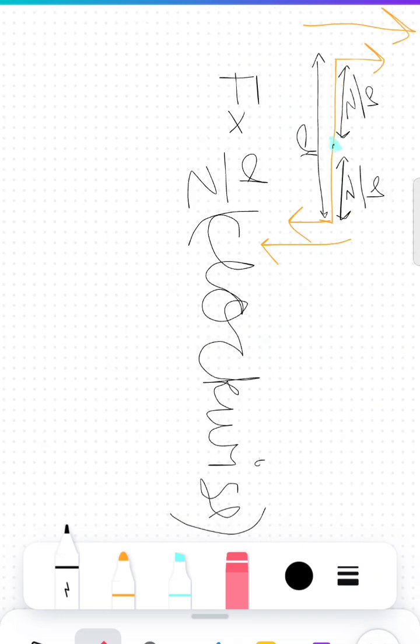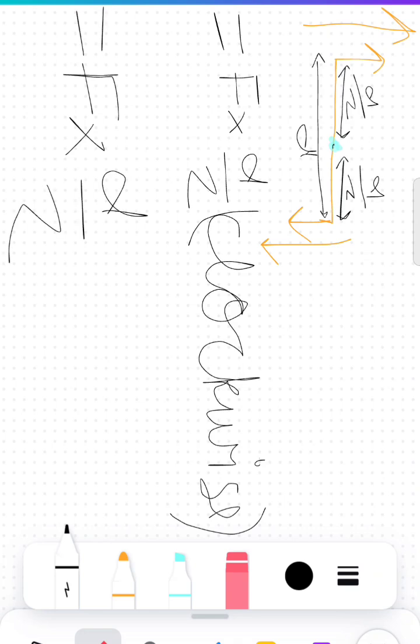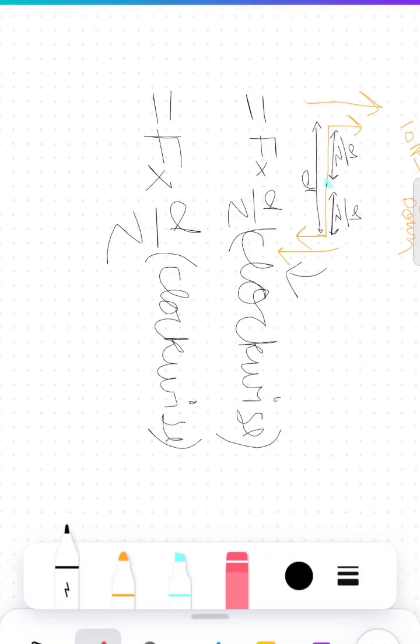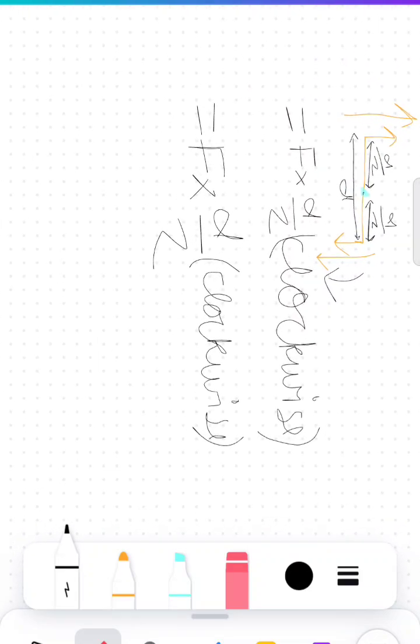And for the other force, the force will be F and the perpendicular distance will be d by 2. This is also in clockwise direction. Let's call this equation 1 and this equation 2.